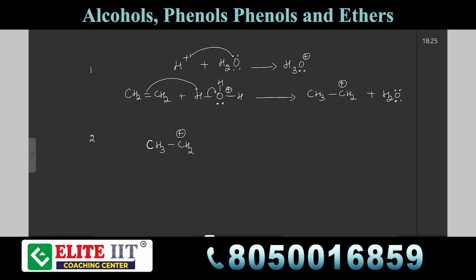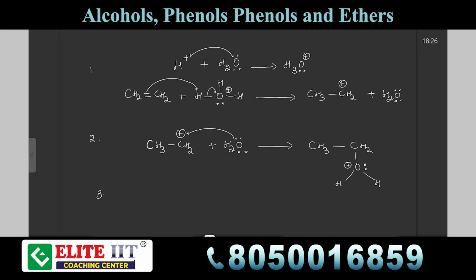In step 2, the water molecule has a lone pair of electrons. This lone pair attacks the carbocation and we'll have CH3, CH2 and then oxygen and 2 hydrogens. Oxygen has a lone pair of electrons and a positive charge. This we call step 2, attacking of a nucleophile.